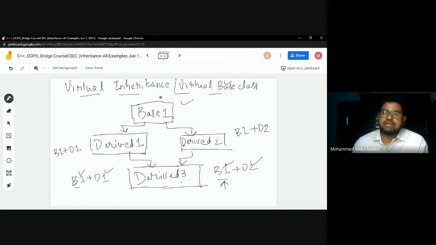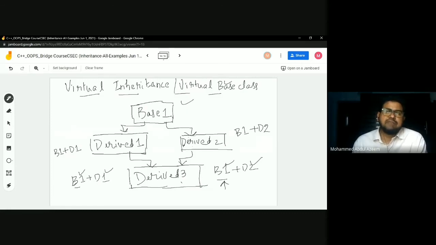So for the past few classes, we were discussing inheritance. Fine. What is inheritance? Inheritance is inheriting the base class properties at any derived class. In what levels, in what ways can we inherit?